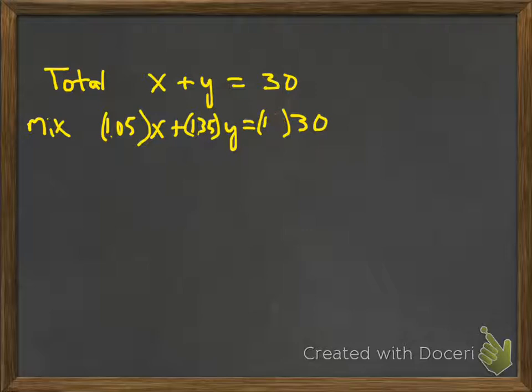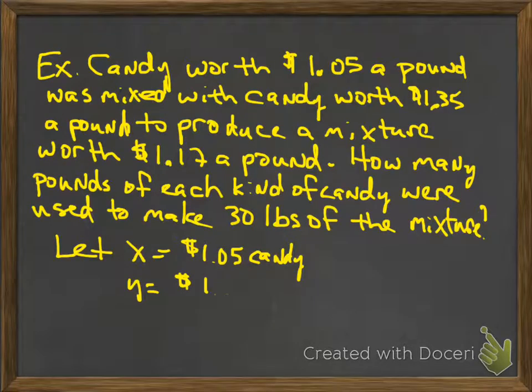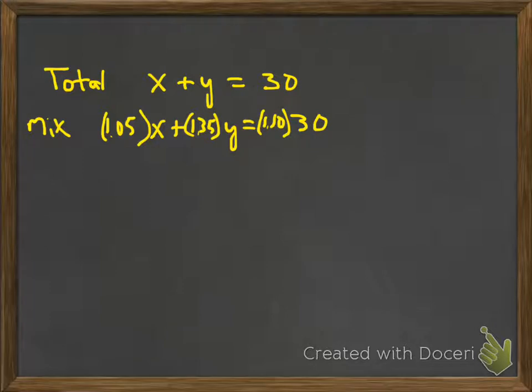Let me go back and look. Okay, that is $1.17, and apparently I wrote $1.10, which would have messed up my whole problem. So I'm going to change that to $1.17 a pound.